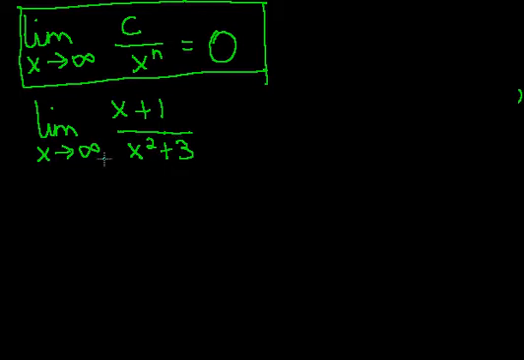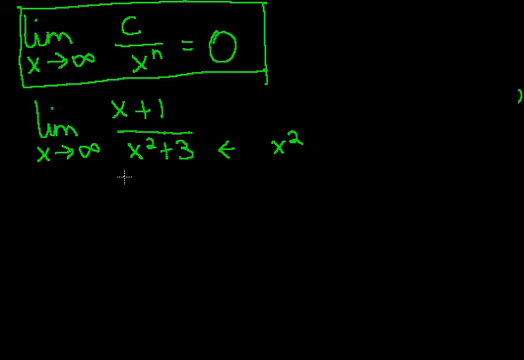And what you need to do in a problem like this is you find the highest exponent in the denominator, which in this case is x squared, and you divide every single term in this rational equation by the highest exponent in the denominator.